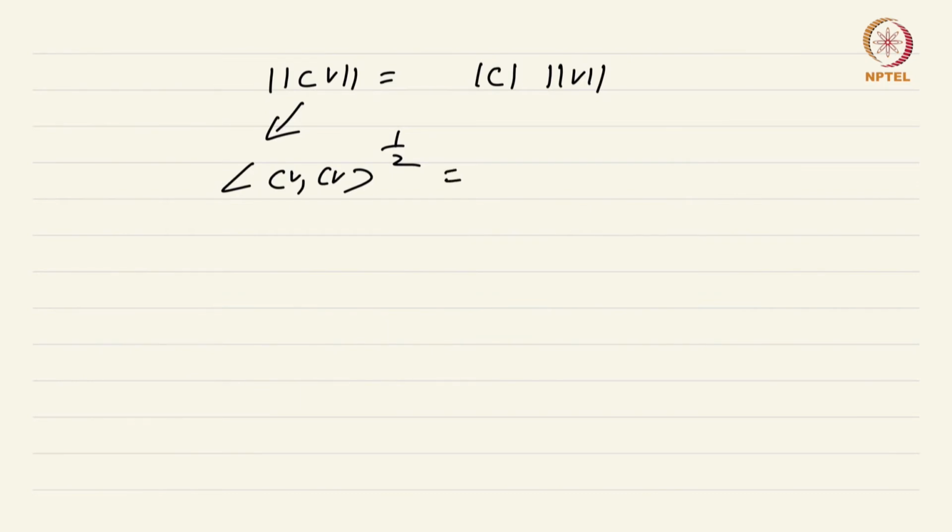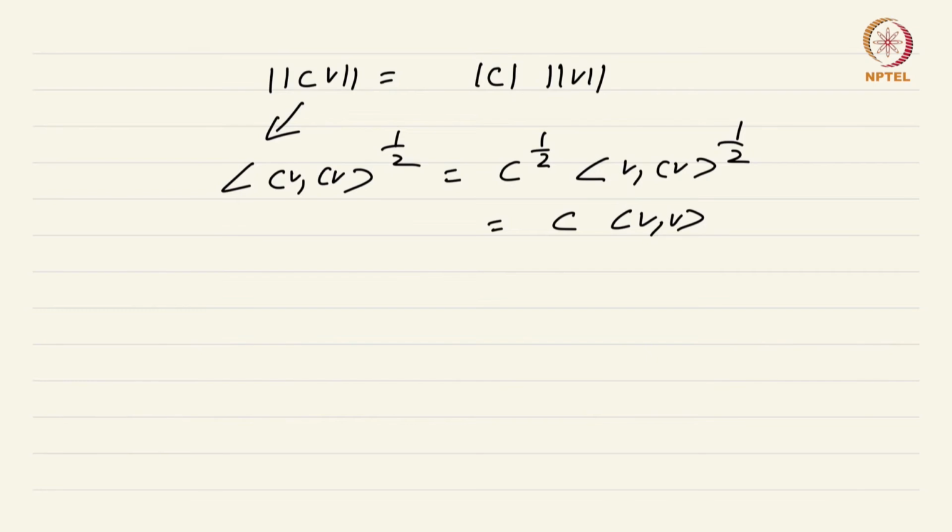So this is just C to the power half, V comma CV to the power half. By symmetry, I have already remarked that if you fix the first slot, it's going to be a linear transformation in the second slot. So this will just give you C, V, V. And note that we are actually taking the positive square root every time.